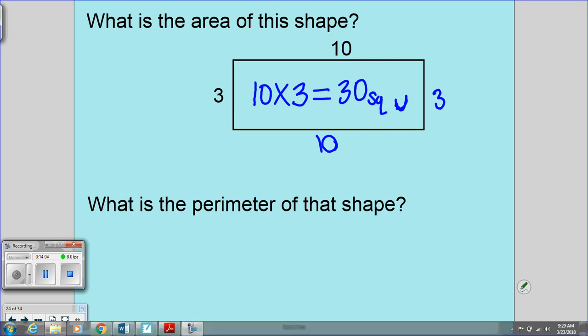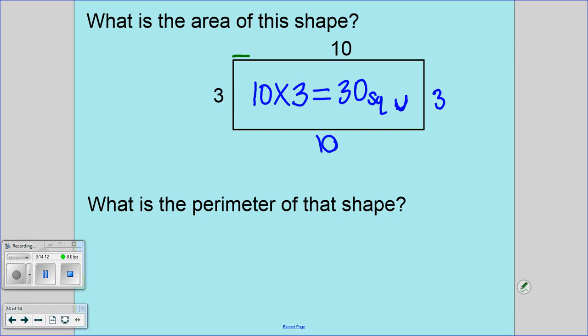Better question. Walk around the shape. Courtney, walk around the shape with me. Where do you want to start? 10. Alright, we're going to go across. So we got 10. Then what? 3. Give me an operation. A math operation. Addition. Yep. So we're going to add. Plus. Now what? 3.